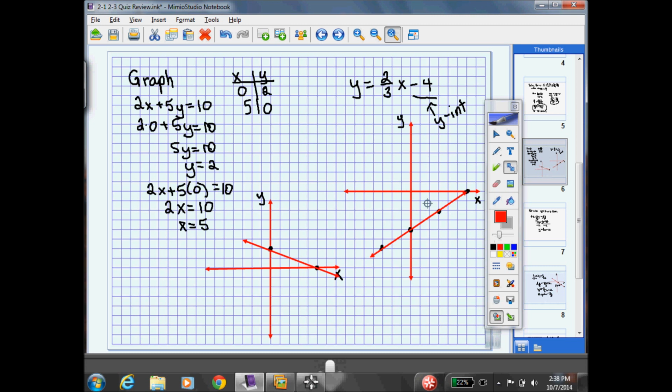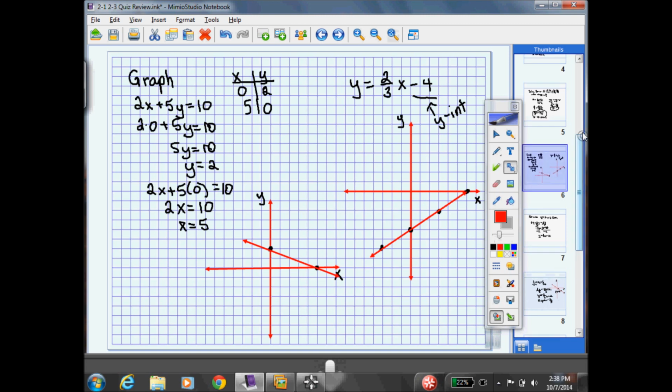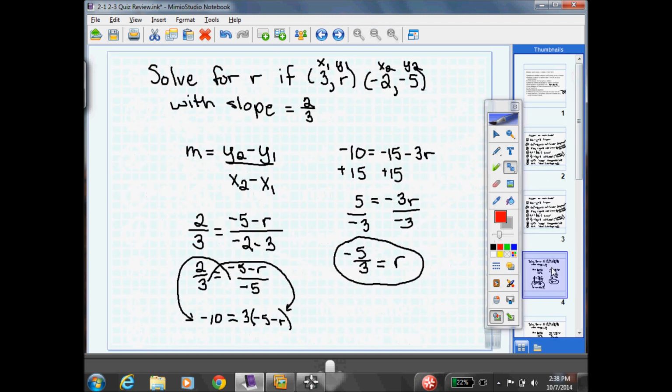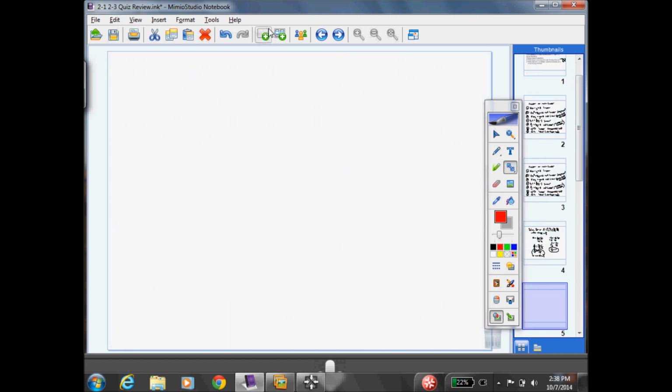Yes, Desiree. Let's see, did I put any of these up here already? Linear or not linear? No, I didn't do function or not function. Let me get some, just real quick.